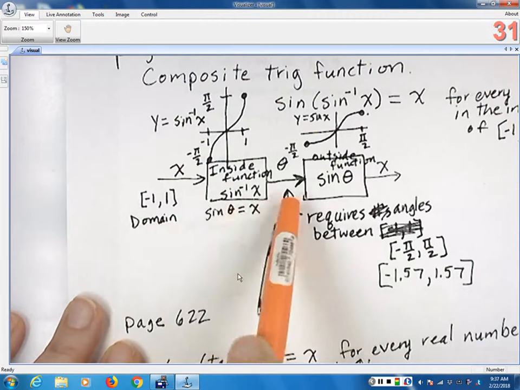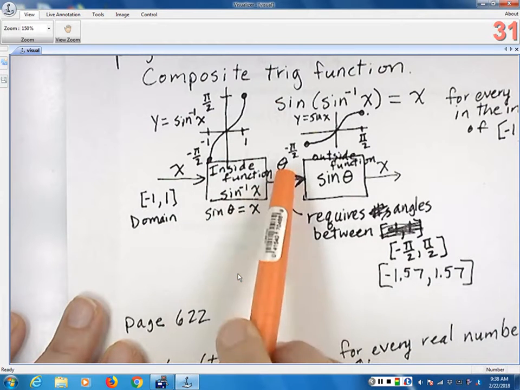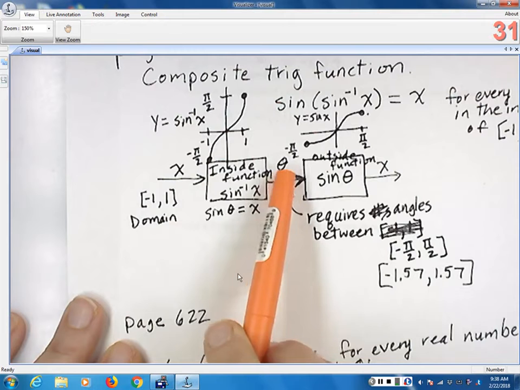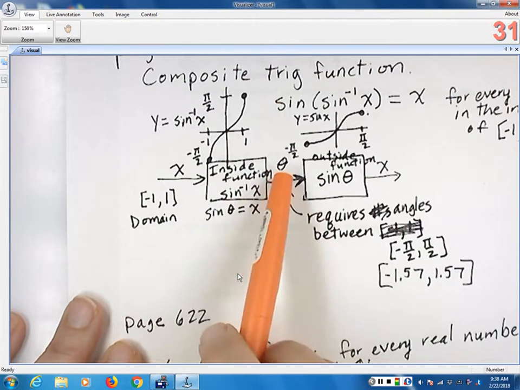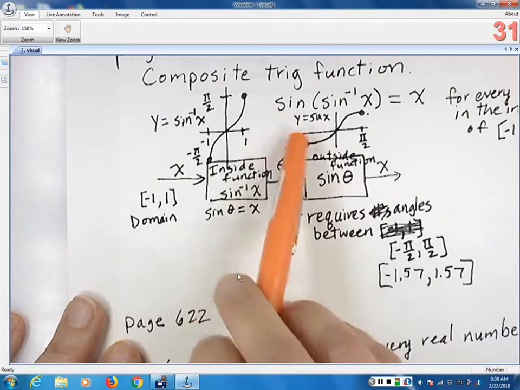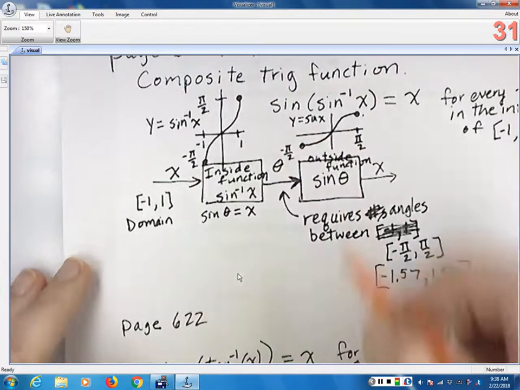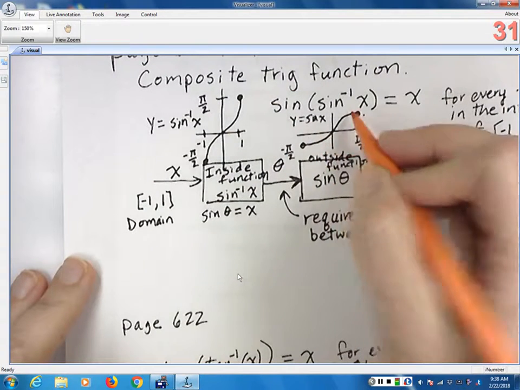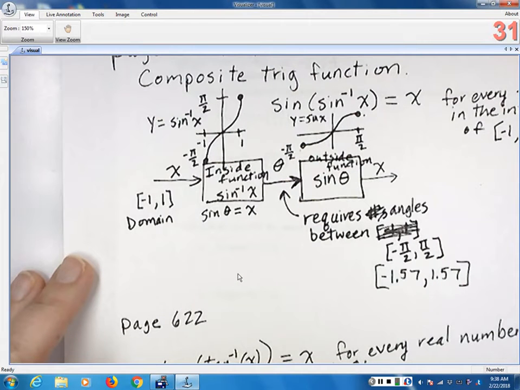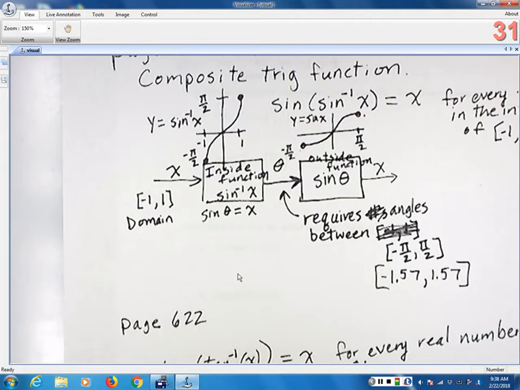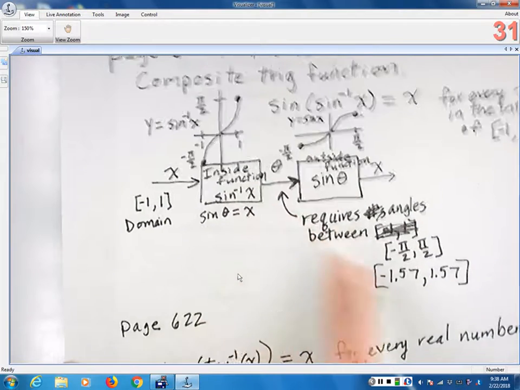All right, then you're getting an angle out from the inverse sine of x, and that angle, here's the y equals sine x function, has to be between -pi/2 and pi/2. Well, when you take the sine, your angle is always going to be between that for this case.